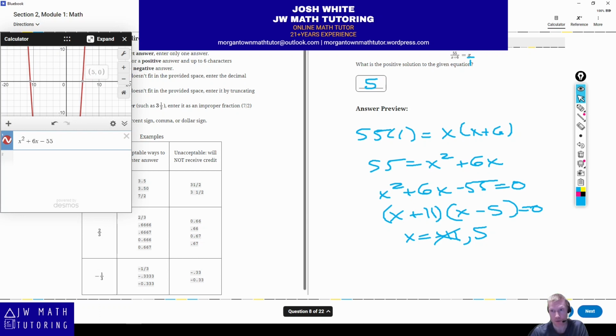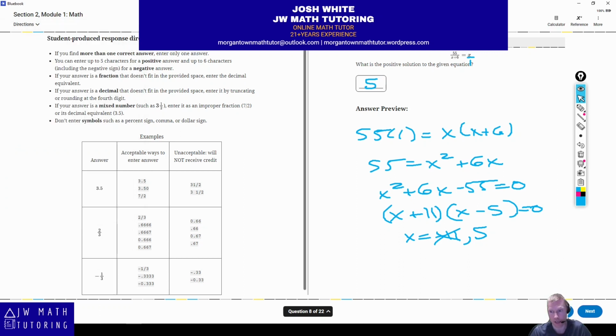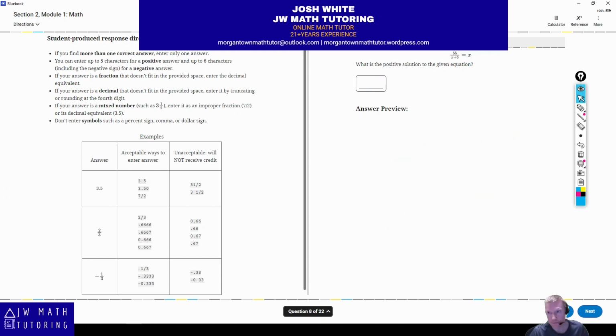But the problem says, what is the positive solution? So we don't want this negative 11. We want this one right here, positive 5. It might be quicker and easier to just go to the calculator and graph it rather than doing the actual factoring. You can get the answer right here, positive 5. And then you would just type that in and move on.